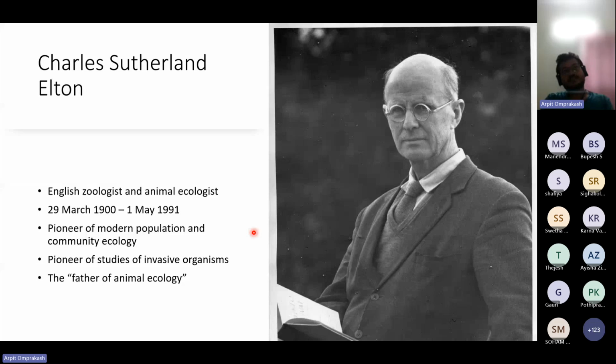Invasive organisms are organisms from a different geographical region that come to a new region and invade that place. For example, lantana is a very famous, most common invasive plant found in India.